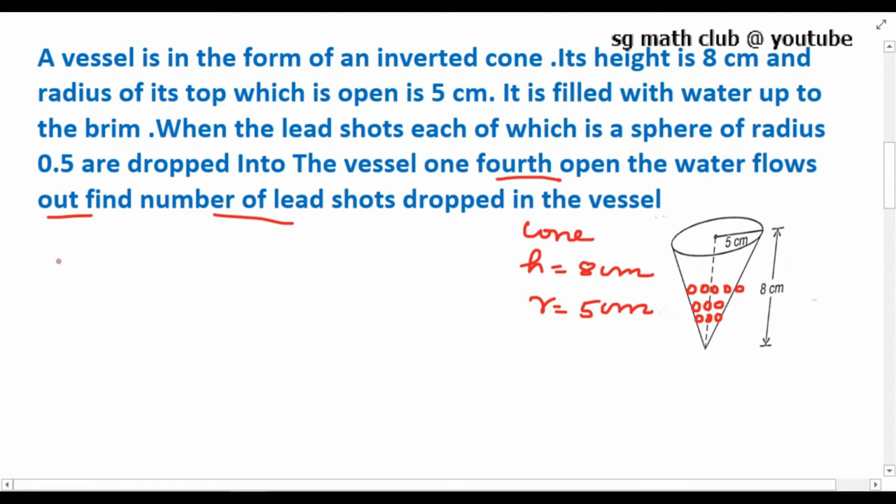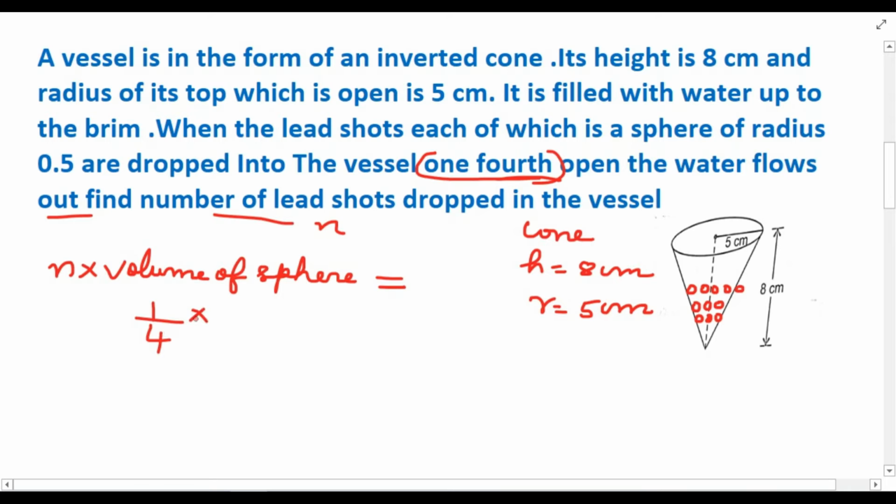Let the number of lead shots dropped in the vessel be small n. So I can write n into the volume of the sphere, since the lead shots are in the shape of spheres. And 1/4 of the volume of the water has flowed outside, and the vessel is in the shape of an inverted cone, so this is equal to 1/4 of the volume of the cone.